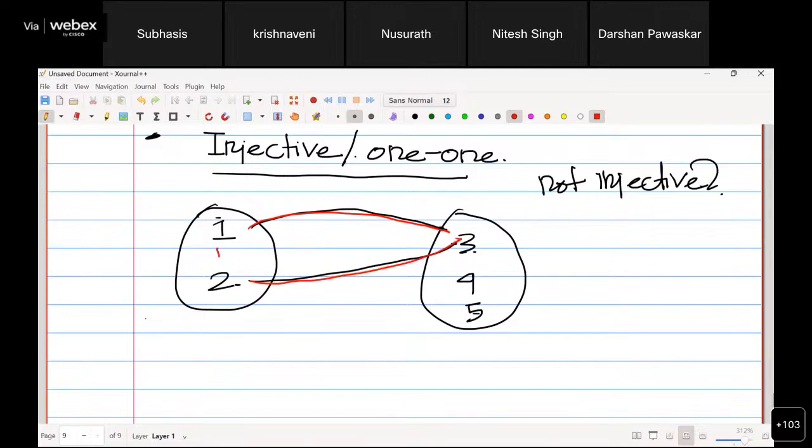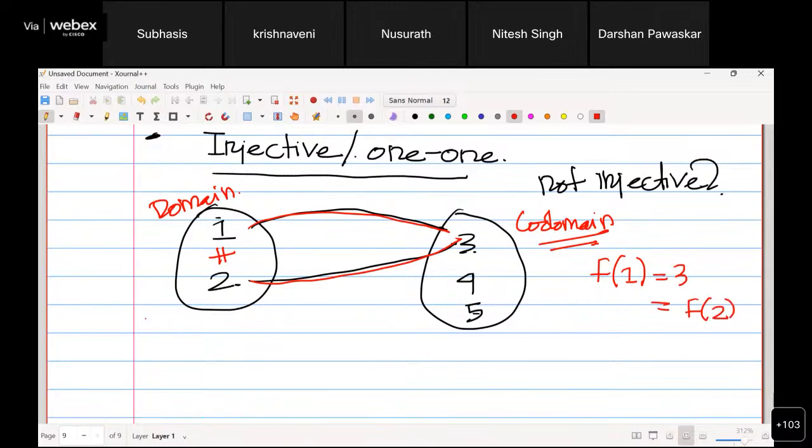See, 1 and 2, they are two different things in the domain, but they are going to the same thing in the codomain. That means f of 1 is 3 as well as f of 2 is 3. This is not allowed.